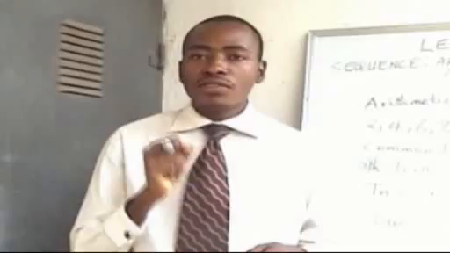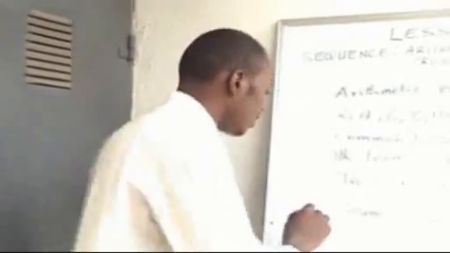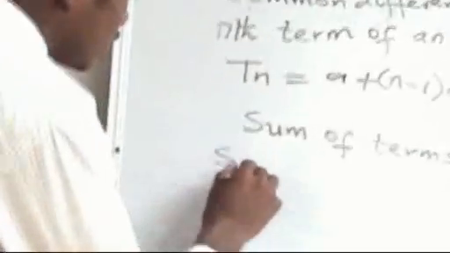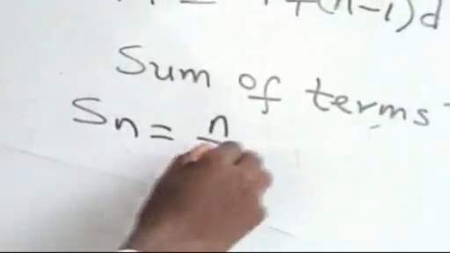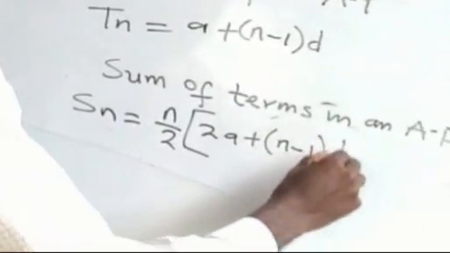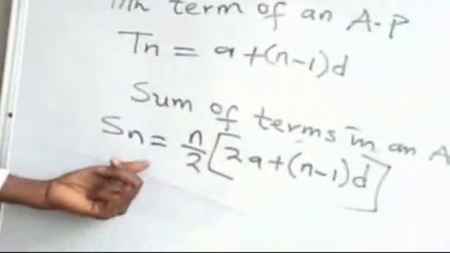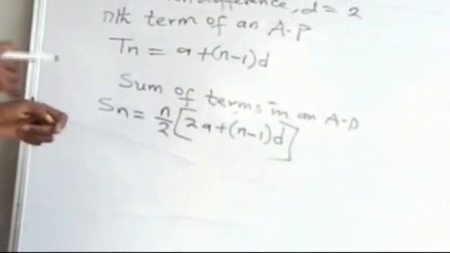Now, to do that, there are formulas that you could use, and the formula is this: Sn is equal to n divided by 2 into 2a plus (n minus 1) multiplied by d. This is the formula we use in calculating the sum of terms in an arithmetic progression.